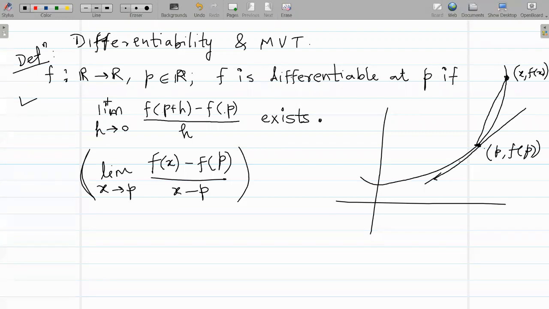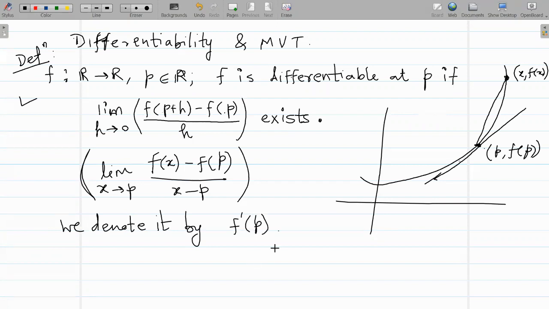Whenever this limit exists, we denote it by f dash at p, or sometimes we write it as df by dx at p. These are the standard notations.